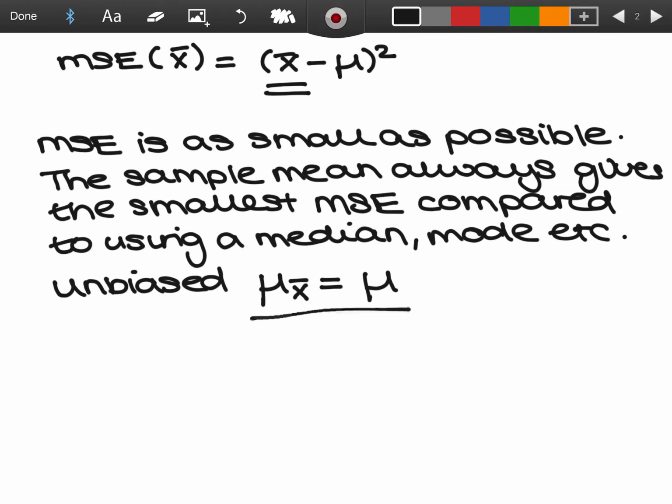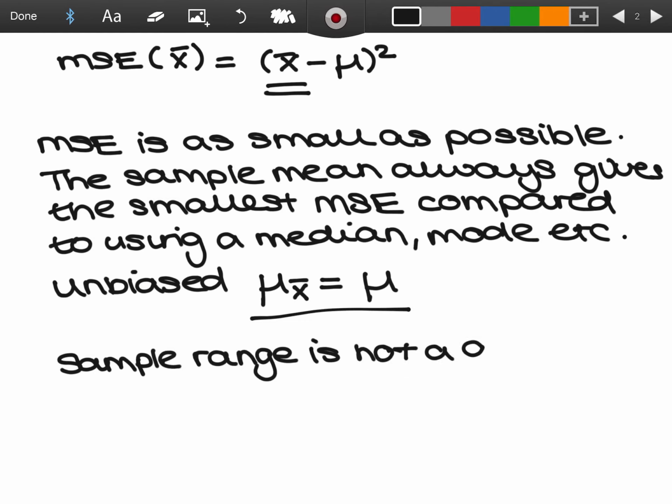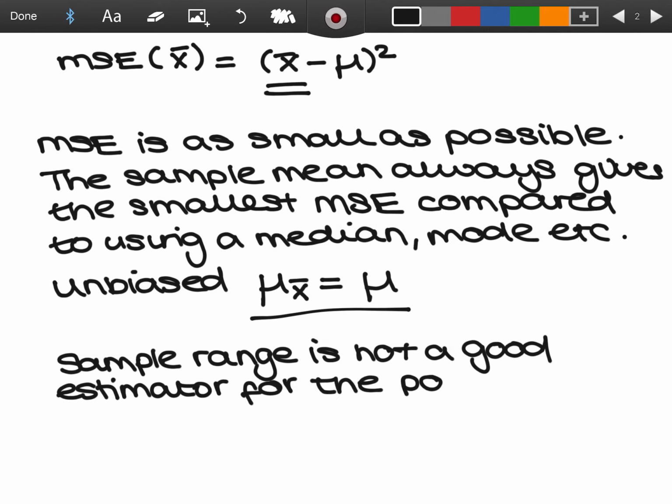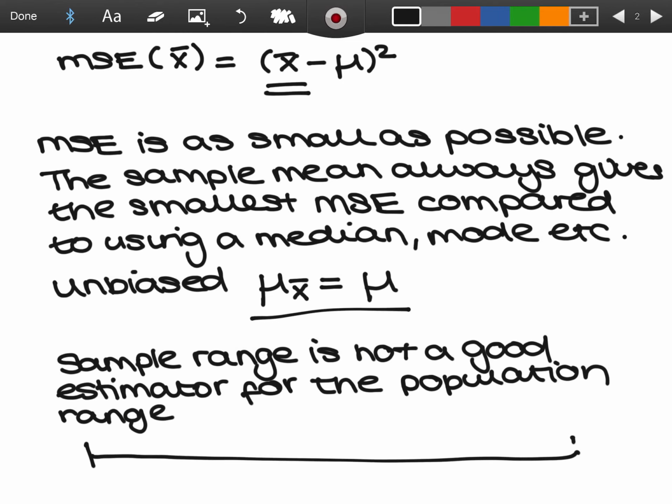So the sample range is not a good estimator for the population range. Okay. Reason being, let's say that your population range was this.